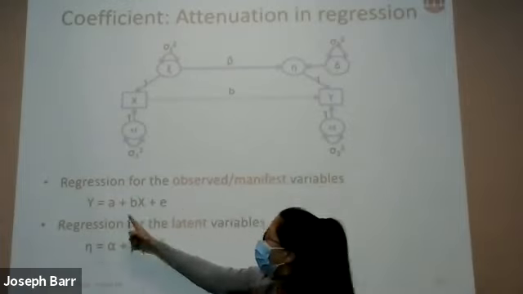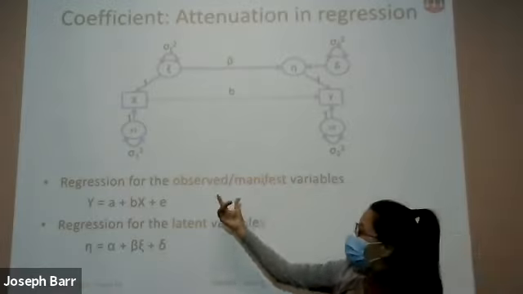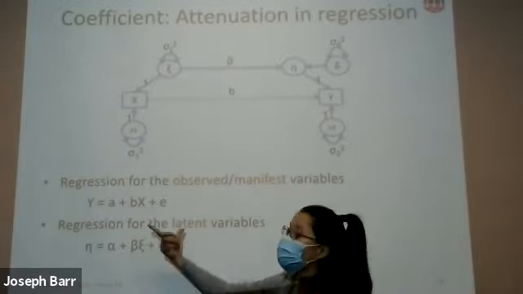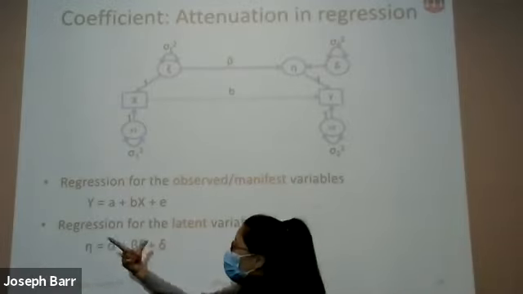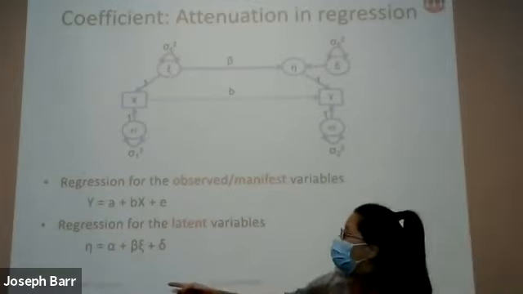So this is an observed version of the regression, but actually there is a true version with the latent variables.